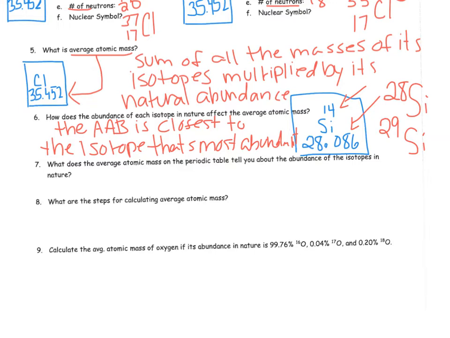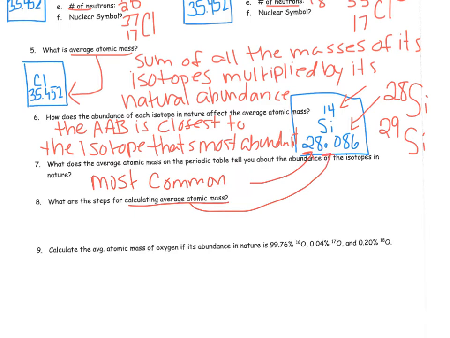So what does the average atomic mass on the periodic table tell you about the elements in nature? And that's really just who is the most common. I mean, we know that silicon 28 is more common than all of its other isotopes because the average of all of its abundance is closest to 28. So what are the steps for calculating average atomic mass? And that's basically calculating this number.